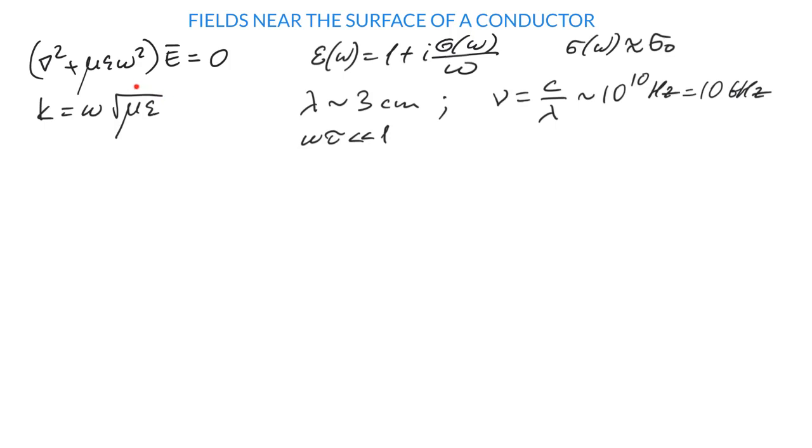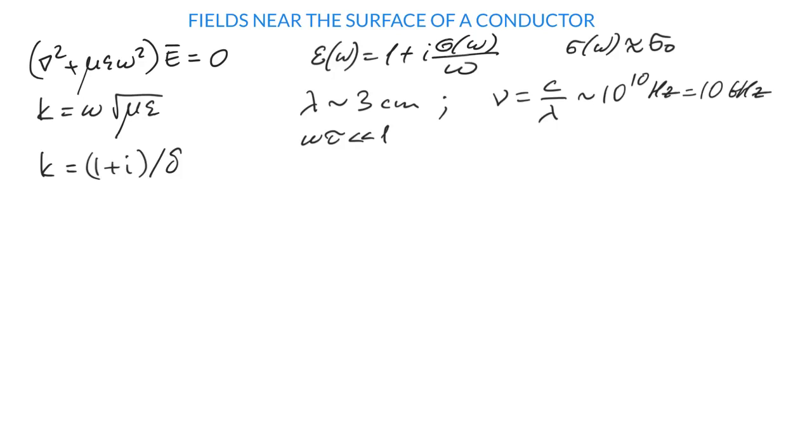That epsilon goes under the square root here, and then you get the expression for k that has equal real and imaginary parts. We can write it as 1 plus i over delta, where delta is the so-called skin depth.